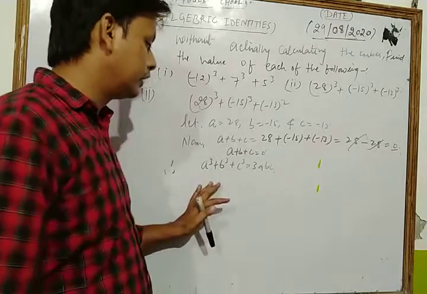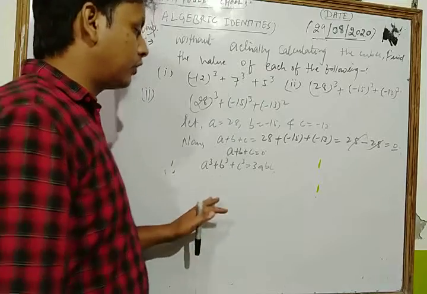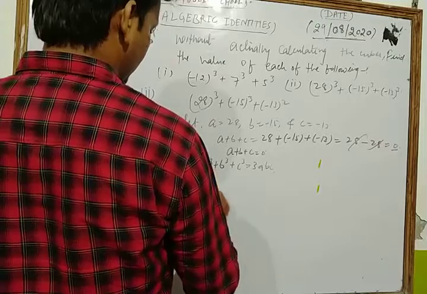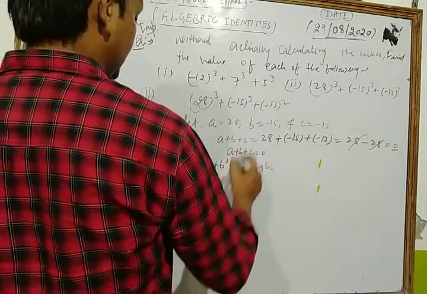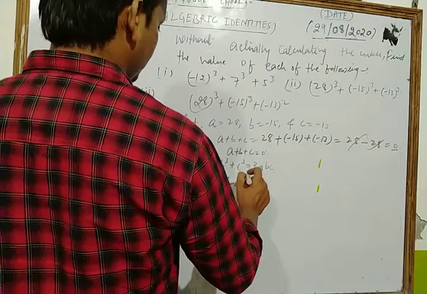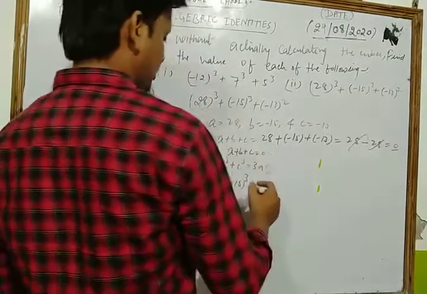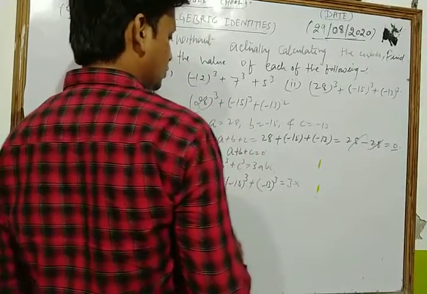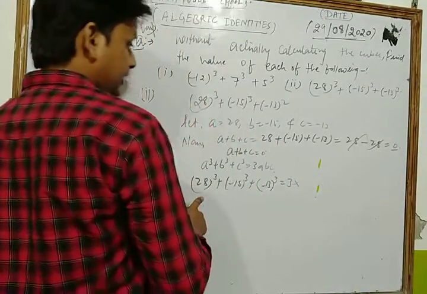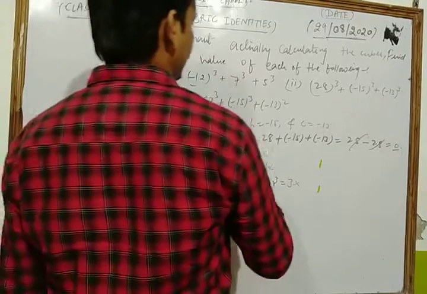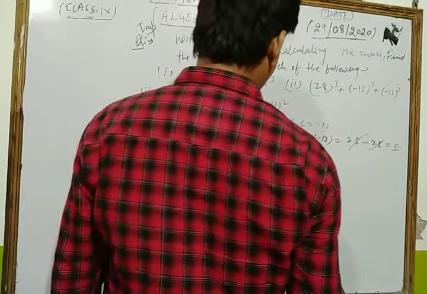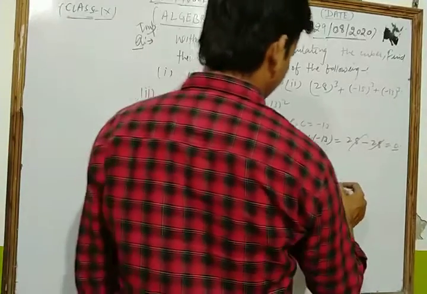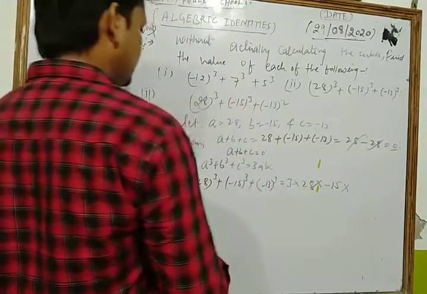Now we put the values of a, b and c in this formula and solve it. Let's see. Here a is 28, so we write 28 cube, plus b is minus 15, so we write minus 15 cube, plus c is minus 13, so we write minus 13 cube. Now we put 3 into a, which is 28, into b, which is minus 15, and c is minus 13.